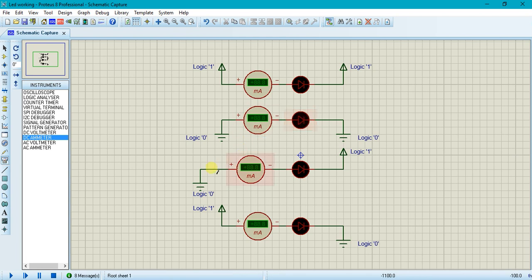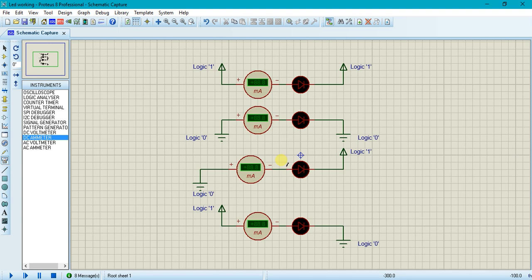The third case, as we see here, is that the anode is the positive terminal and the cathode is the negative terminal. On the positive terminal I have connected logic 0, that is ground, and on the negative terminal I have connected logic 1, that is plus 5 volts. Since opposite polarities are connected, the diode goes into the reverse bias condition.